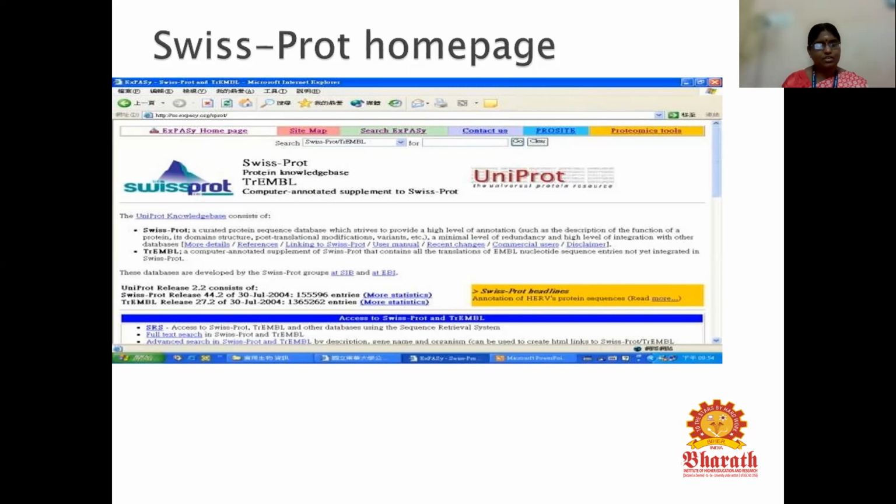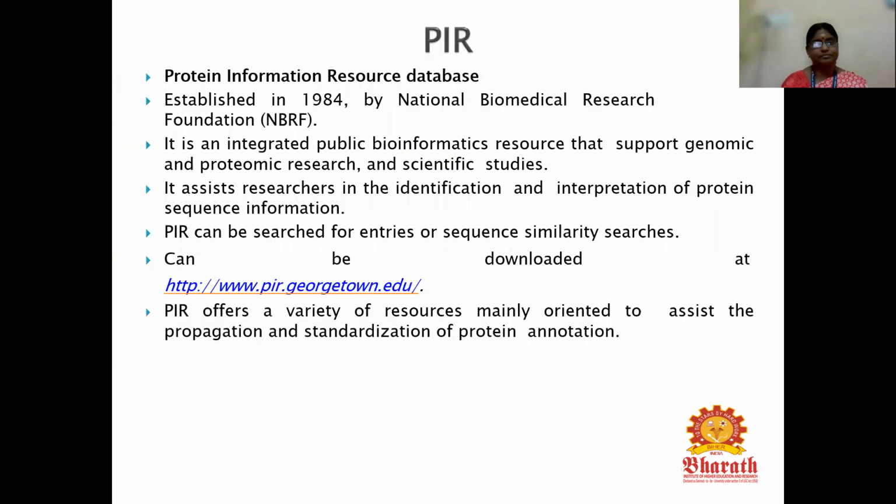A full text search can also be done using Swiss-Prot and TrEMBL, and an advanced search by description, gene name, and organism can be used to create HTML links to Swiss-Prot or TrEMBL.